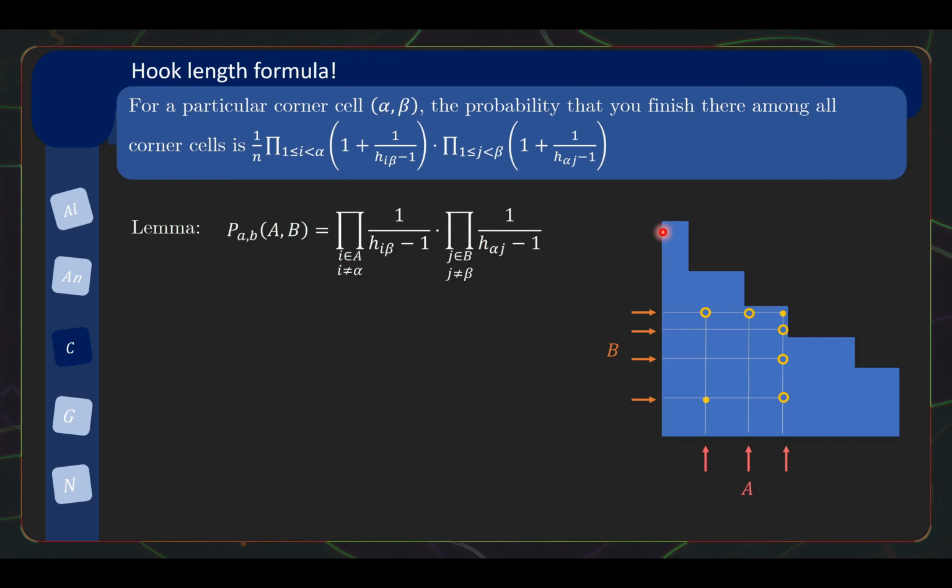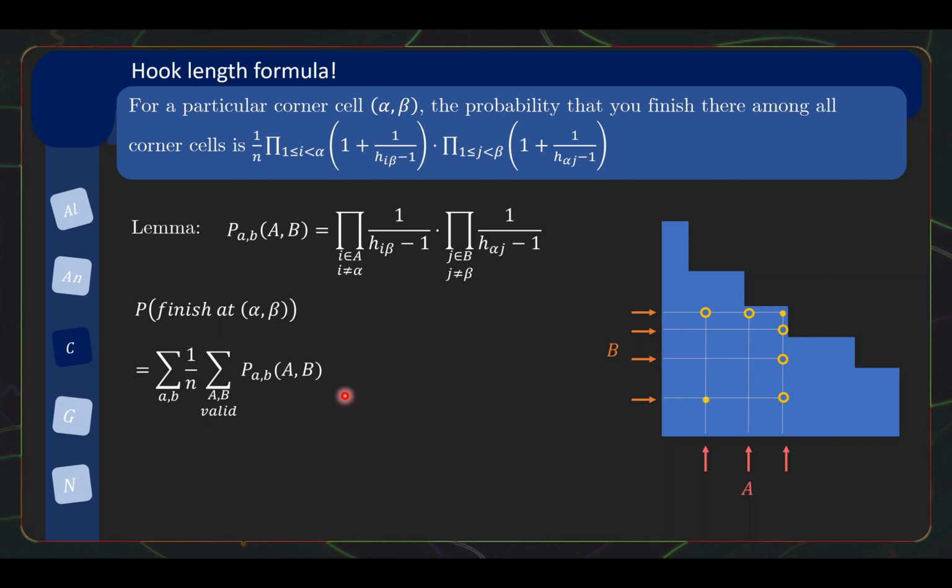Phew. Okay, so now that we have proven the lemma, we are basically almost done, because to find the probability that you finish at alpha, beta, you sum over all possible scenarios, which means you sum over all possible starting points. Then you have 1 over n, which is your probability that you started there, times the probability of you succeeding when you start at a, b.